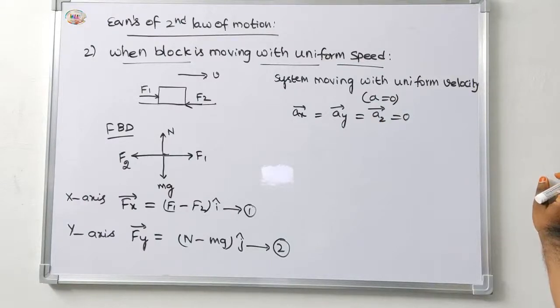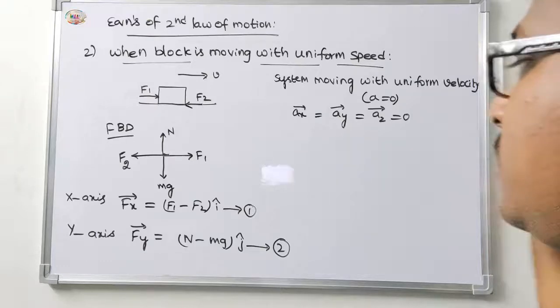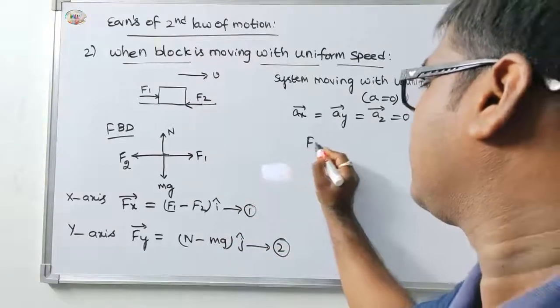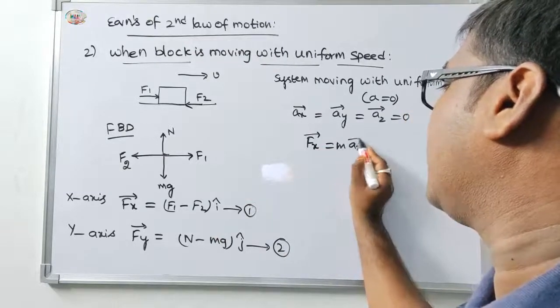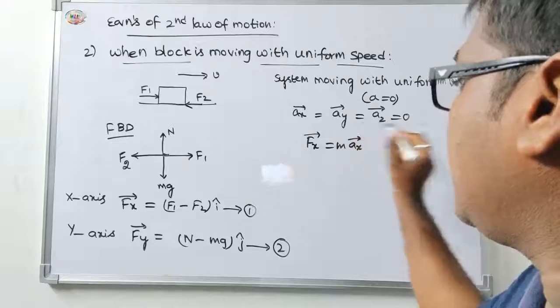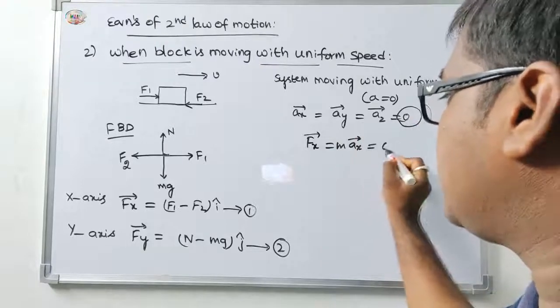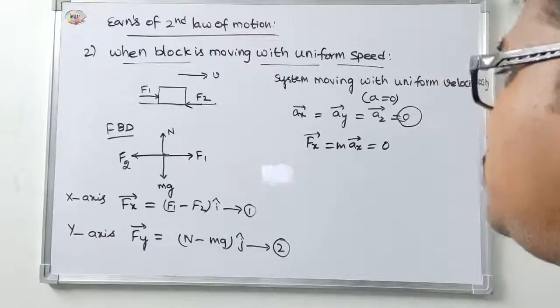Therefore Fx is equal to m into ax. Here ax is 0, 0 into something is 0, so Fx is equal to 0.